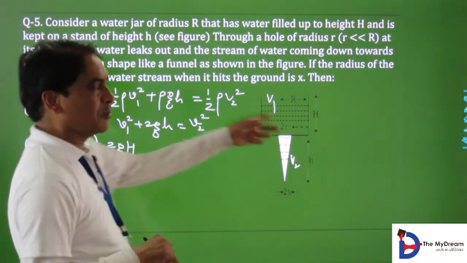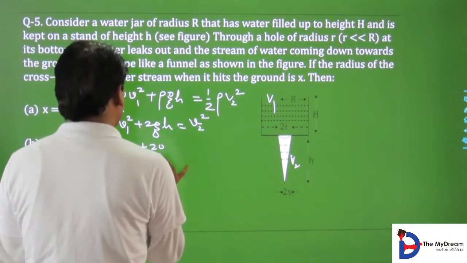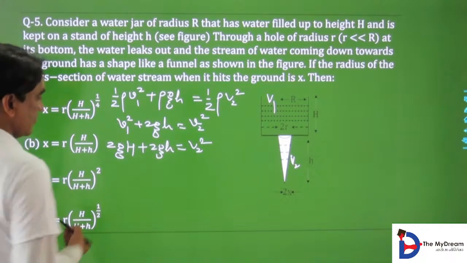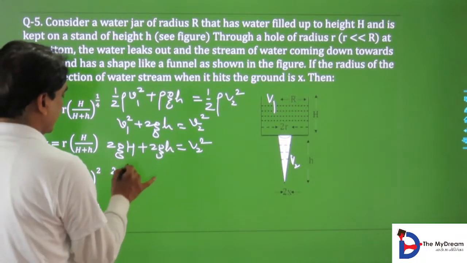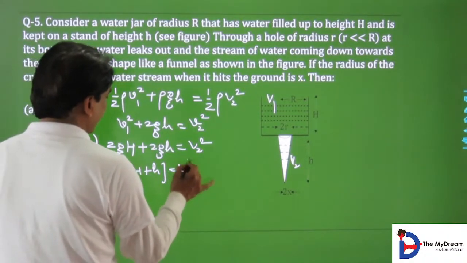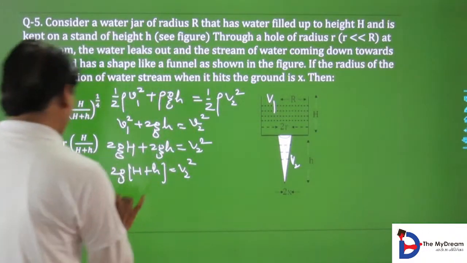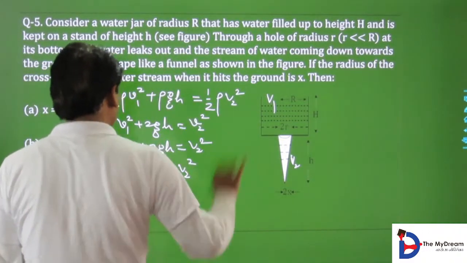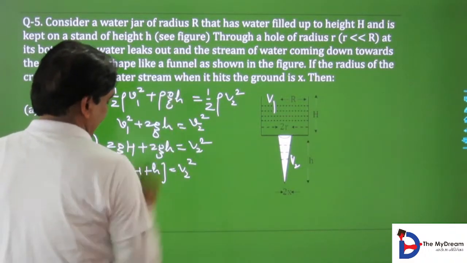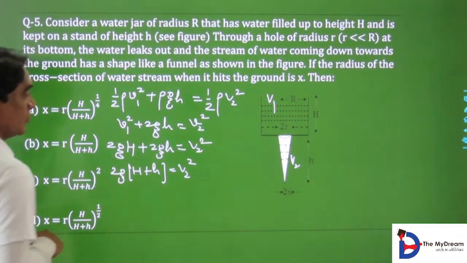Otherwise, you can write under root 2gh plus 2gh. v2 square is twice of g, capital H plus small h. This is the Bernoulli theorem. By using the Bernoulli theorem, we can discuss this. Now, we didn't know the velocity v2. What will we do?